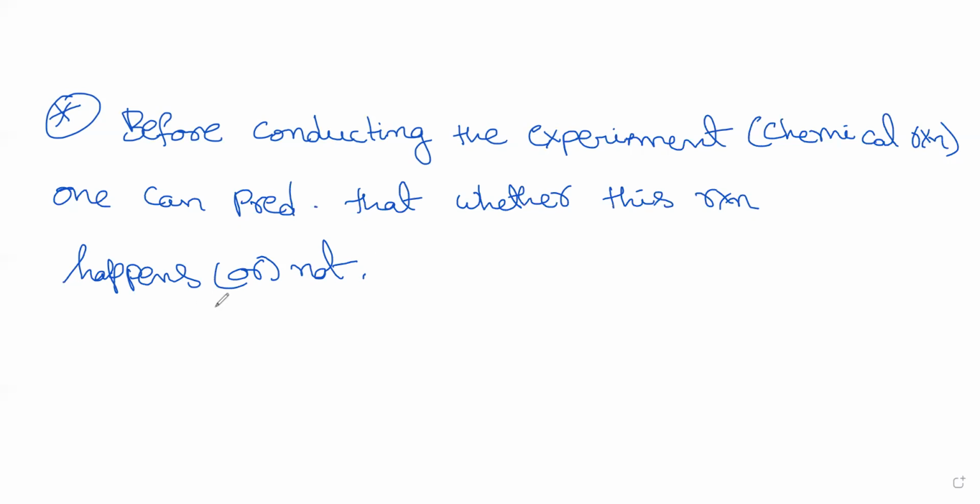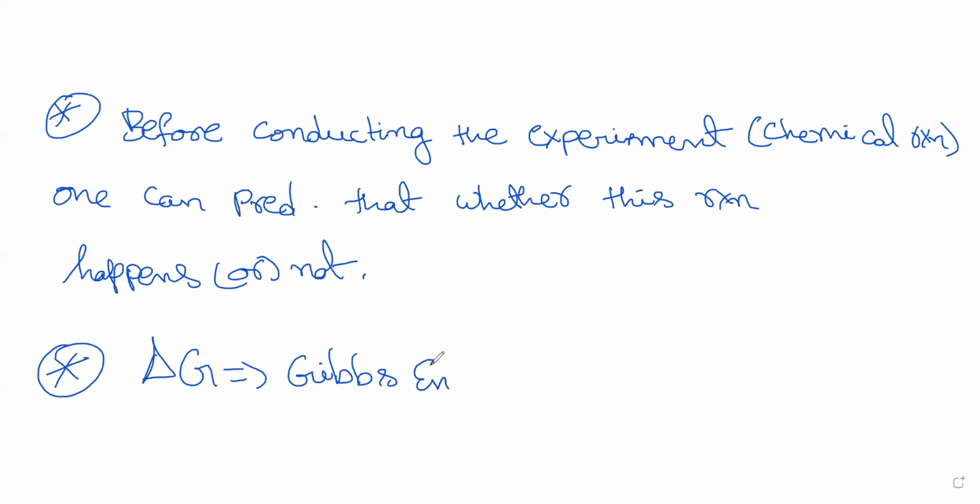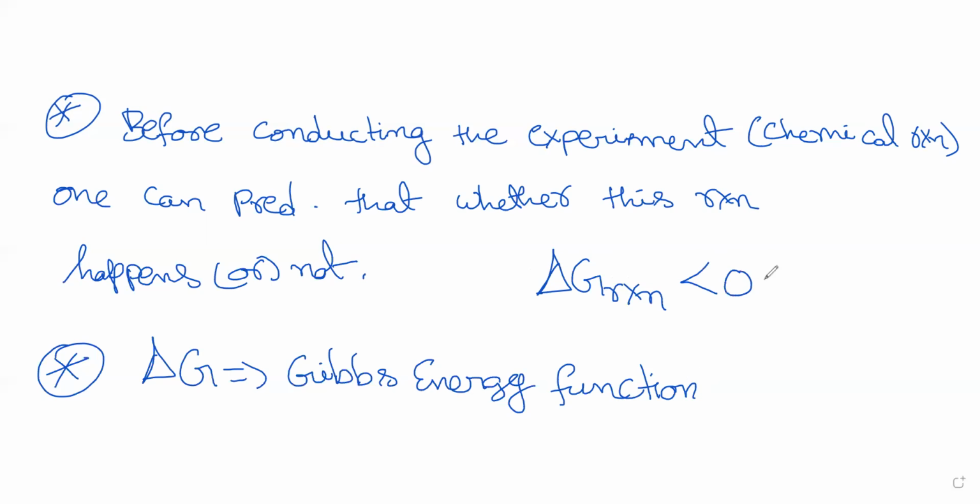For this prediction, we use something called delta G, the Gibbs energy function. If the Gibbs energy of the reaction is less than 0, that is, negative, the reaction is spontaneous.